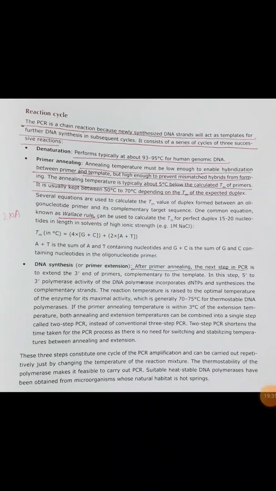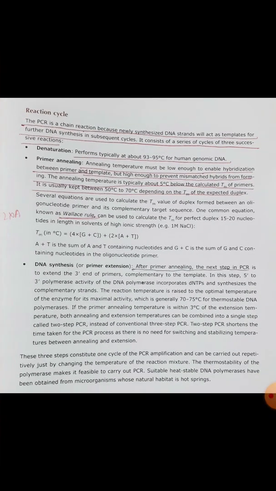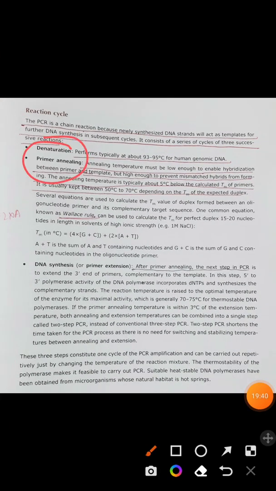So as you can see, primer annealing is a very important step. We have to keep in mind that the primer annealing temperature should be lower than the denaturation temperature, so that our primer can hybridize with the 3' end of the complementary strand, but it should not be too low, or I should say it should be high enough to prevent any kind of mismatch hybridization.